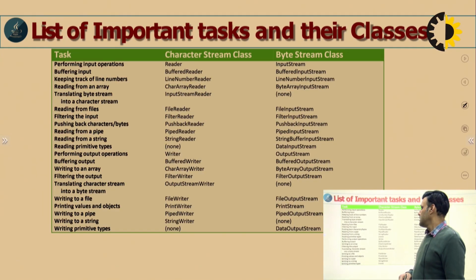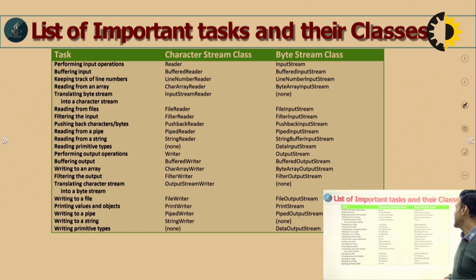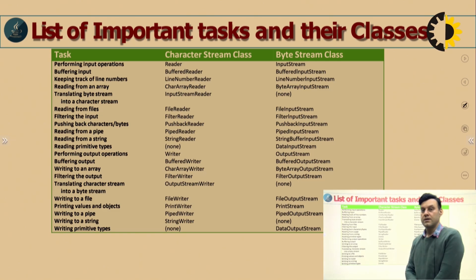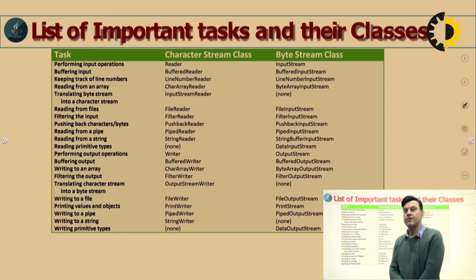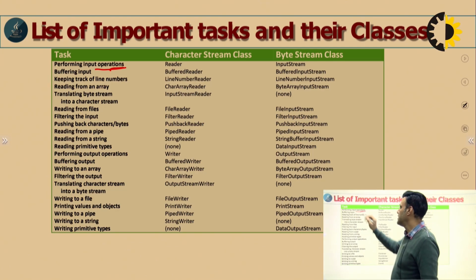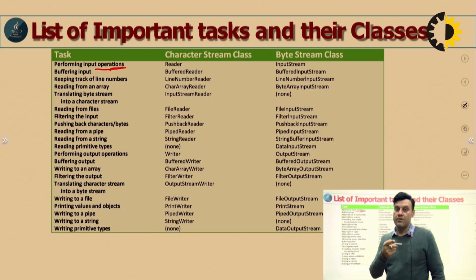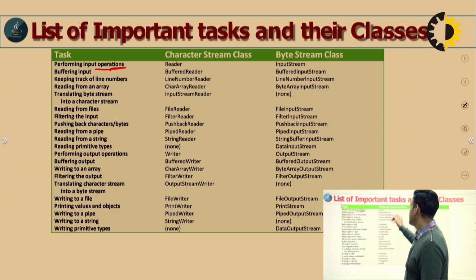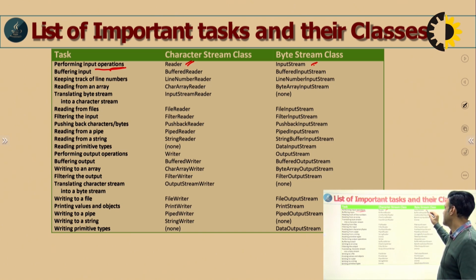So this is the list of important tasks and their classes. This will help you when you write programs and whenever you want to perform input operations. For input operation, which stream will you use? Reader. So the character stream uses reader, and the byte stream uses input stream.